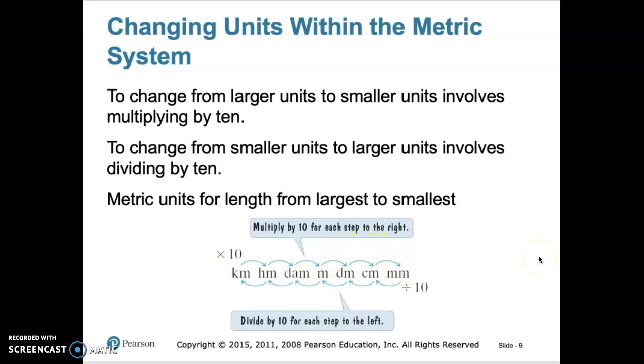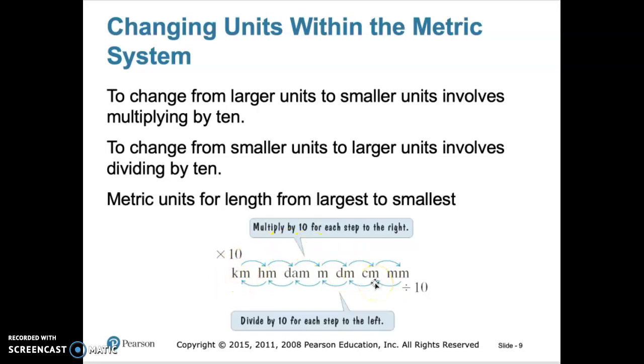So if I look at the top, if I'm changing from kilometers to, say, centimeters, how many times would I be doing that? I'm going to jump 1, 2, 3, 4, 5 places. So I would multiply that by 10 5 times, from going from kilometers to centimeters.